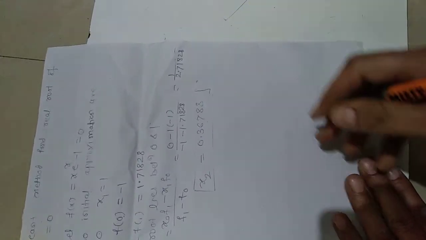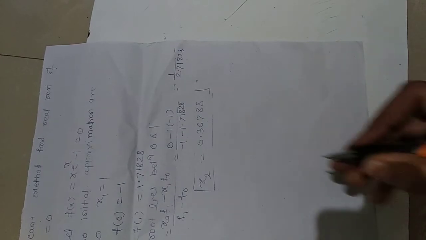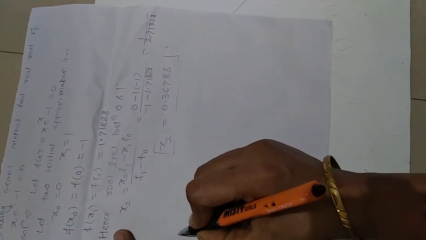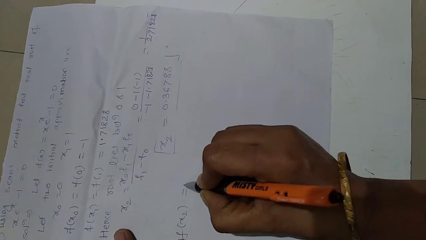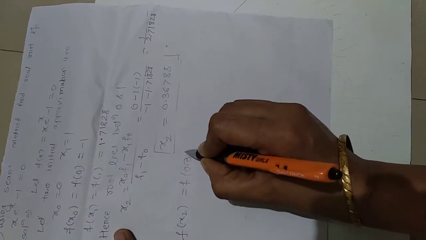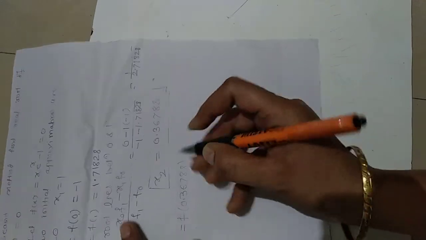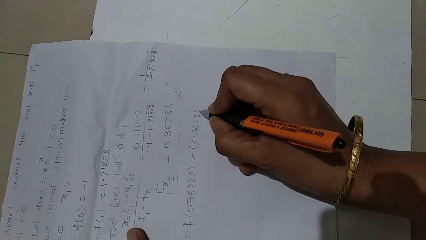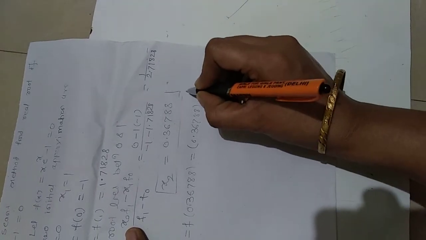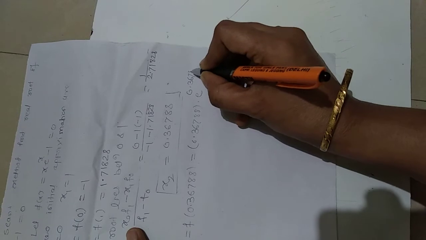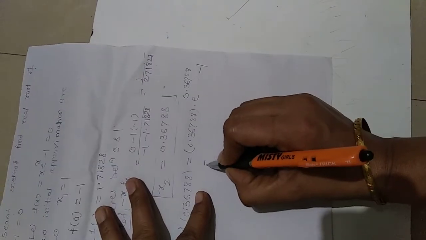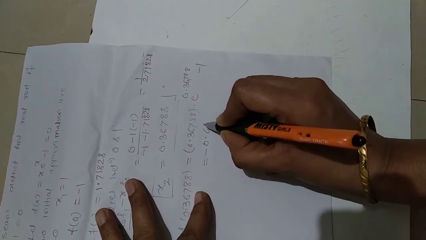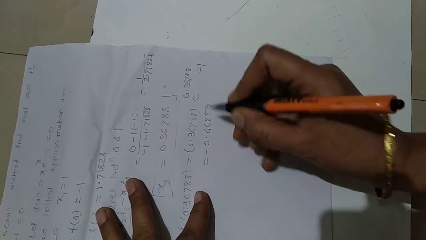That is the value of x2. x2 is equal to 0.36788. Then find f of x2, that is f of 0.36788. Putting this value, 0.36788 into e to the power 0.36788 minus 1. After calculation, this value is equal to minus 0.46854.